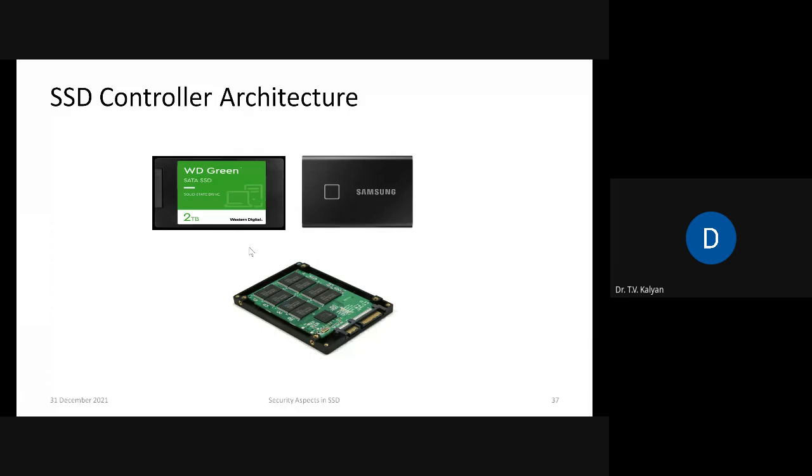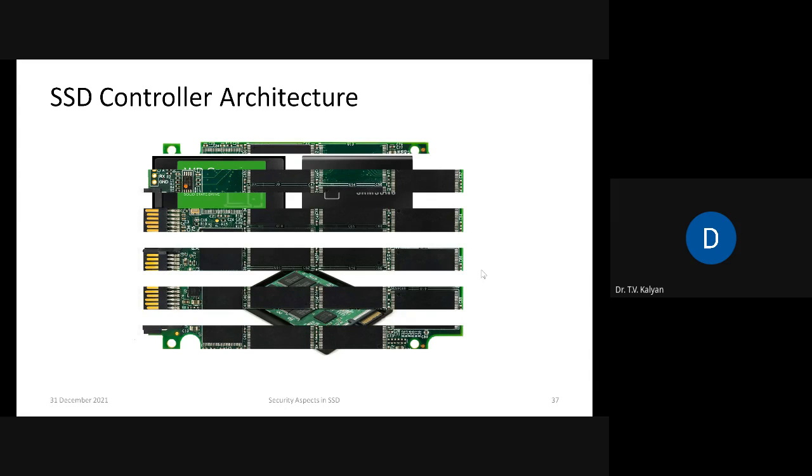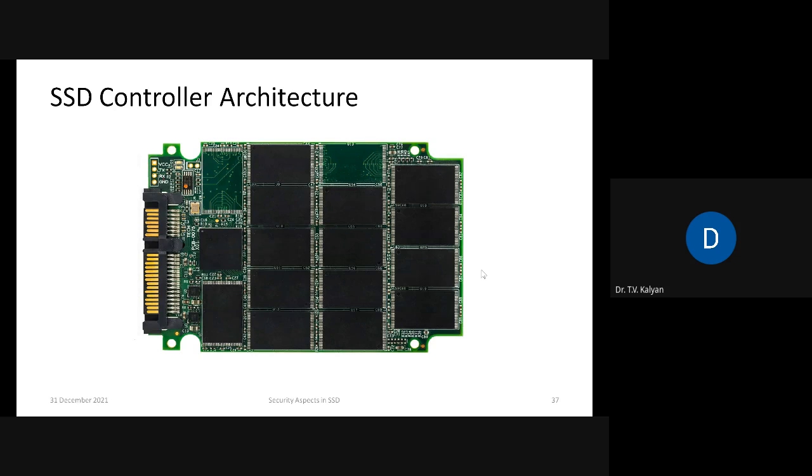If you open either of them, this is how the arrangement would be, the PCB, and here is a close-up of that. Each of these black boxes is a NAND chip that we were discussing until now. There is another special chip, the SSD controller, which manages all the data in these NAND chips and also talks to the host interface.